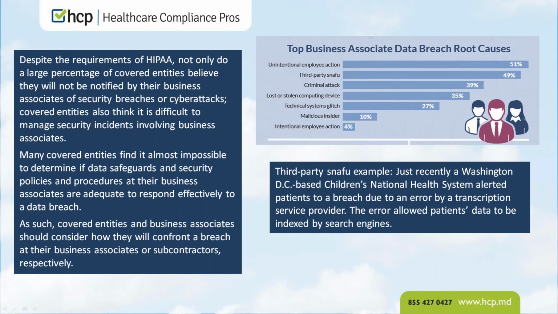Upon discovery, Children's National Health System had to contact Ascend, who was actually the BA, and demanded that they immediately eliminate those names from the search engine, and ultimately the covered entity, being the Children's National Health Center, was responsible to provide notification to all of these individuals based on the information that was included in their BA agreement. That's something we're going to talk about here in just a moment.